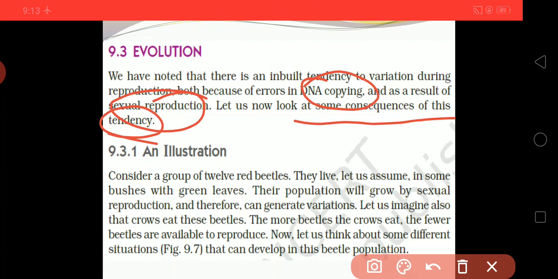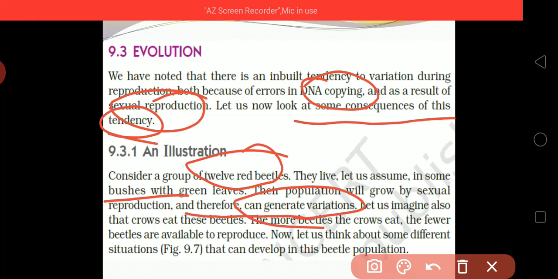As an illustration, consider a group of 12 red beetles. They live, let us assume, in some bushes with green leaves. Their population will grow by sexual reproduction and can therefore generate variation.